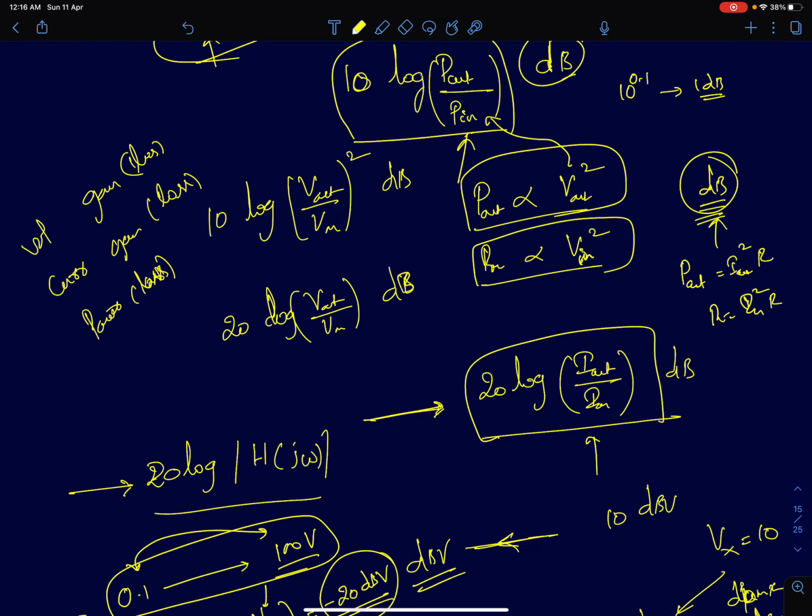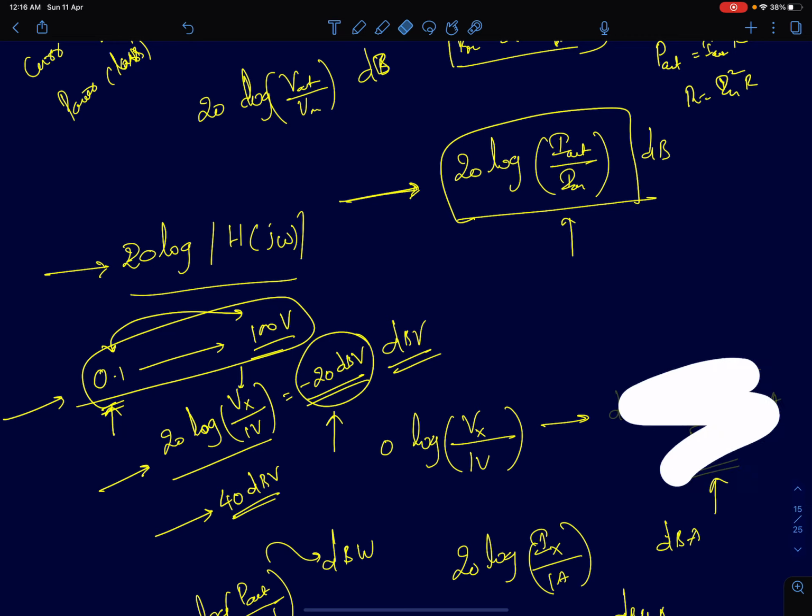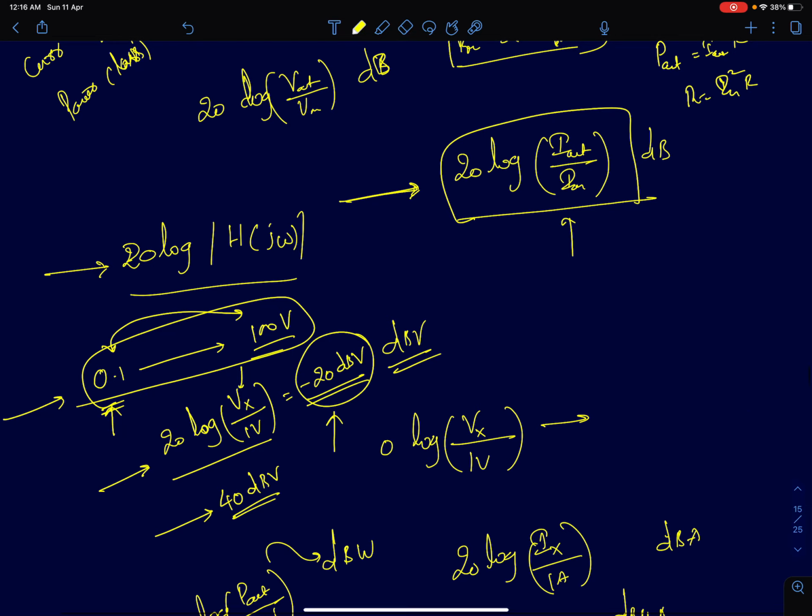In the same manner, if I'm dealing with a system which has huge variations in currents, say ranging from a few 0.1 amperes to several hundreds of amperes, then we can employ, in a similar way, a unit called dBA, decibels with respect to an ampere.